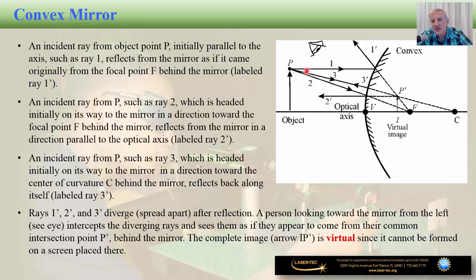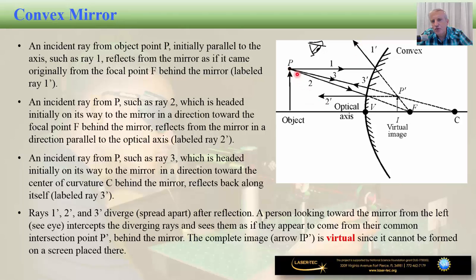So the incident light ray that's parallel to the optical axis is getting reflected along the line that's passing through the focal point. You can see this reflected light ray here, 1 prime, and you can see that it is along this line that is passing through the focal point. So again, an incident light ray parallel to the optical axis is going to get reflected along the line that's passing through the focal point.